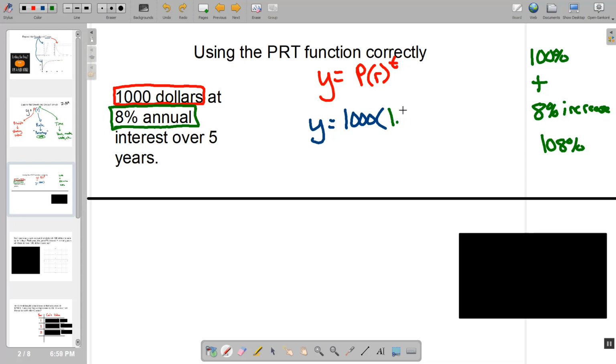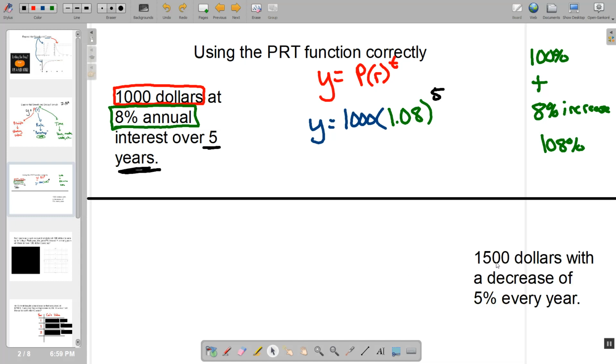You would write the decimal 1.08, which stands for an 8% increase over 100%. And then finally, it asks over 5 years. And since our interest rate is annual, that means this interest ticks 5 times. So we have made the equation 1,000 times 1.08 raised to the 5th power. What's very important is that it's this raised to the 5th power, not 1,000 raised to the 5th power.